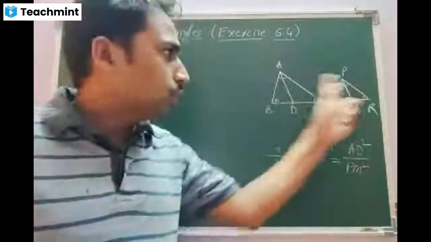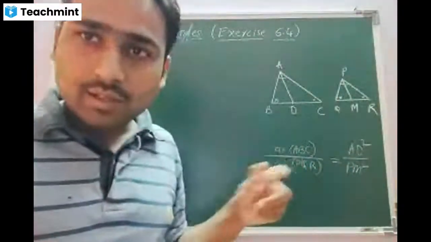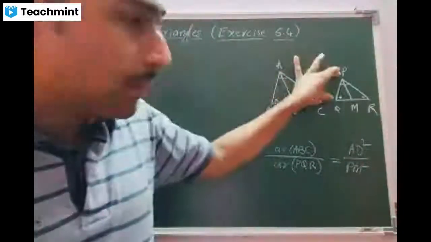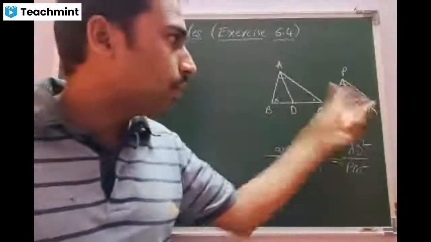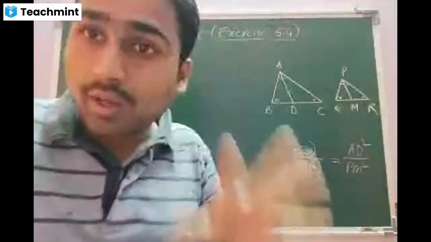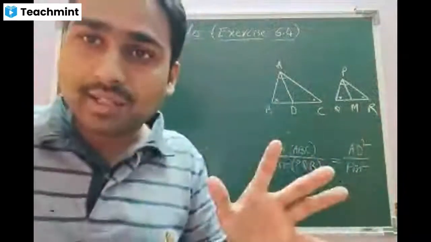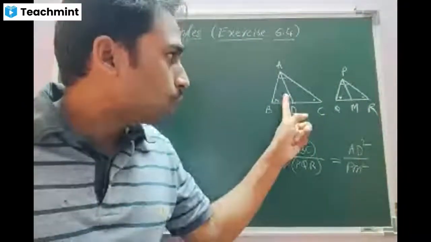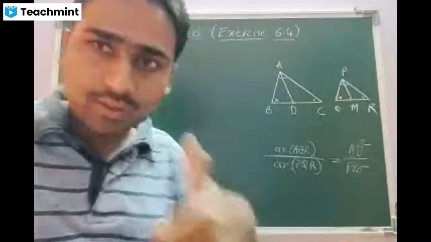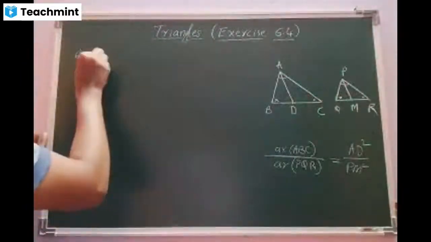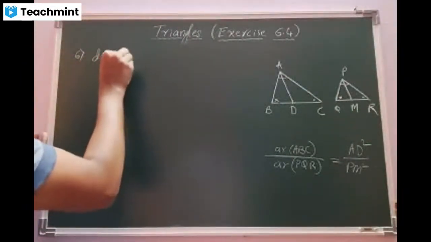We know if two triangles are similar, I can write AB square by PQ square, BC square by QR square, AC square by PR square. But in the question, they are asking not the sides but the median.